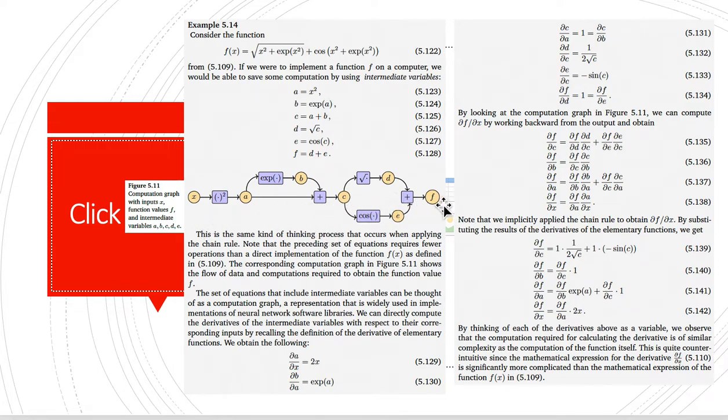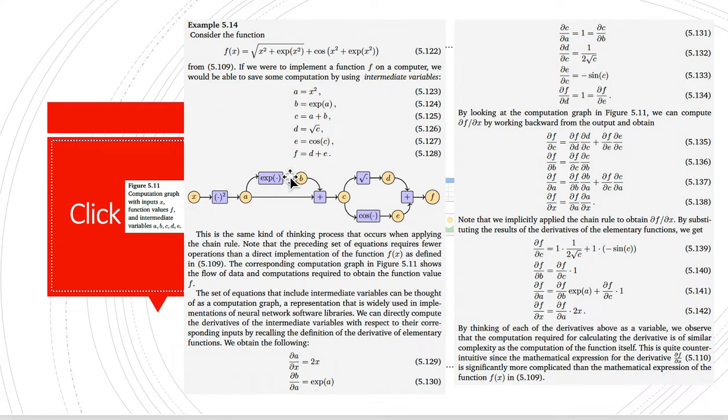So from x to f, we do x to the power of 2, then we get a, and from a to b we apply the exponential. So this is the example of the intermediate variables.